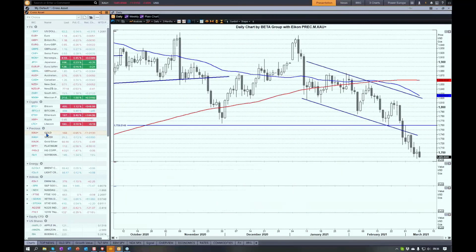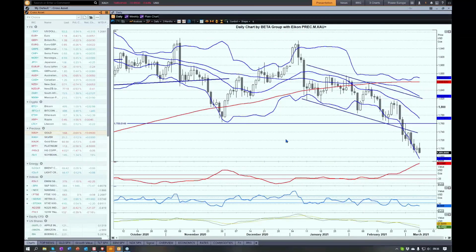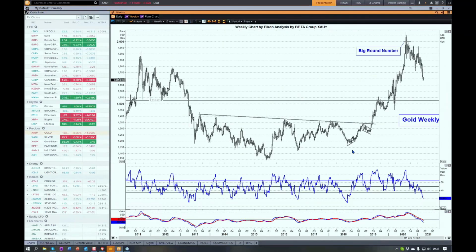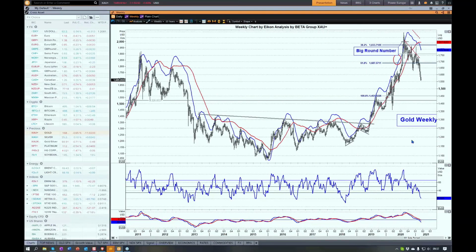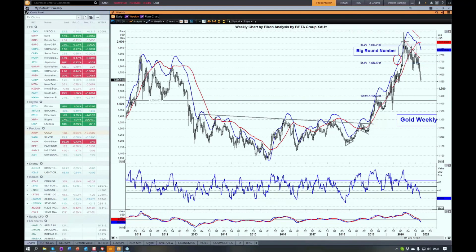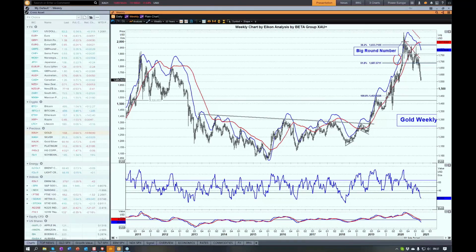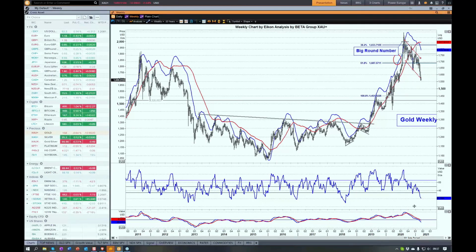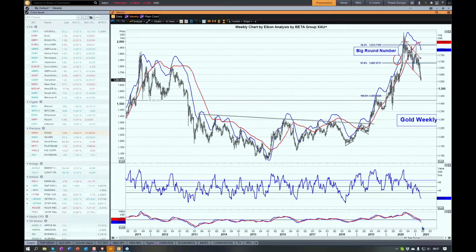Okay, very quickly, let me go to gold. Oh, dear me, gold. This is looking horrible. So we've tumbled, any idea that this was a flag pattern is gone. The weekly MACD is very negative.